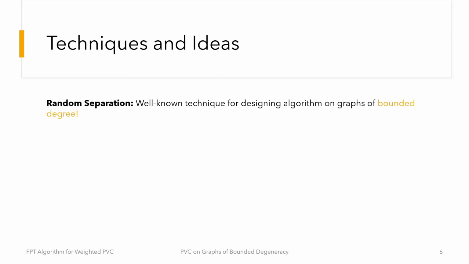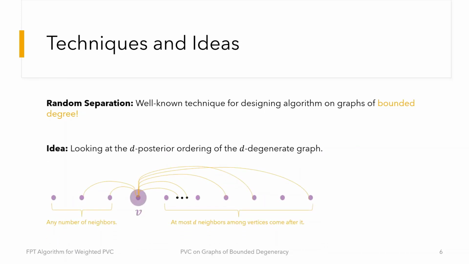The main technique we use is random separation. It's a variant of color coding. It's a well-known technique that is used on graphs of bounded degree. We don't have a bound on degree in degenerate graphs, but we can think that there is a one-sided bound on degrees in these graphs.